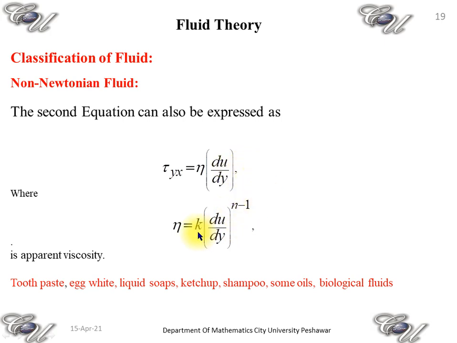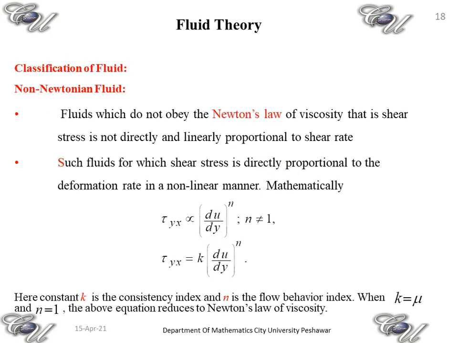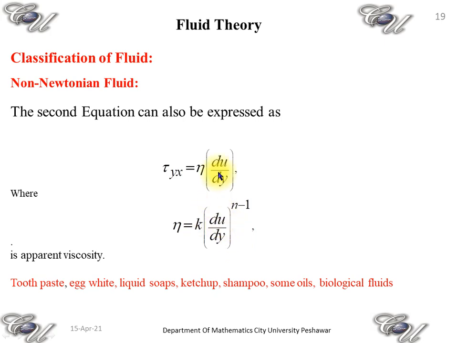When we put this in, these are the product, so what do we have? (du by dy) to the power n minus 1 into du by dy to the power 1, so plus 1 and minus 1 cancel, and we just have k (du by dy) to the n. So there is nothing different between the previous equation and this equation.